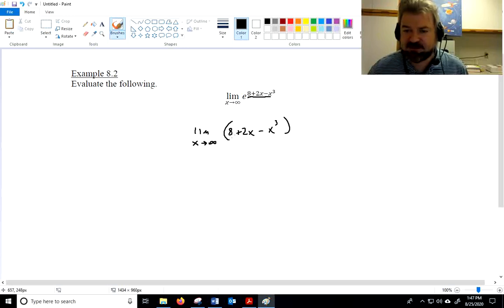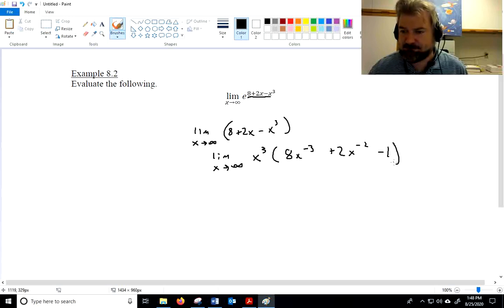Well, if I plug in infinity, I get 8 plus infinity minus infinity. Okay, so we need to factor out an x, and maybe you've seen patterns and you know what this is going to be, though. I'm going to factor out the highest power. It's giving me x cubed times (8x to the negative 3 plus 2x to the negative 2 minus 1).